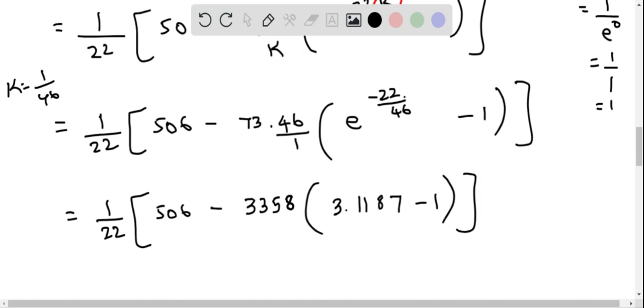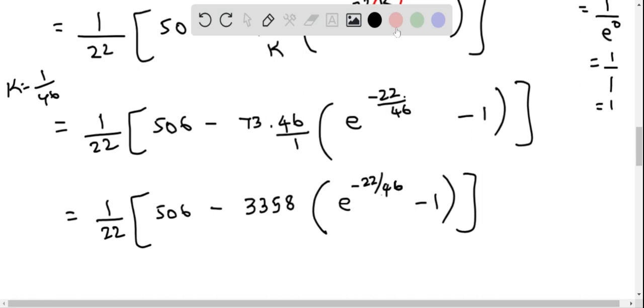So we then calculate the rest of the things. So this will become e raised to the power of negative 22 over 46, minus 1.